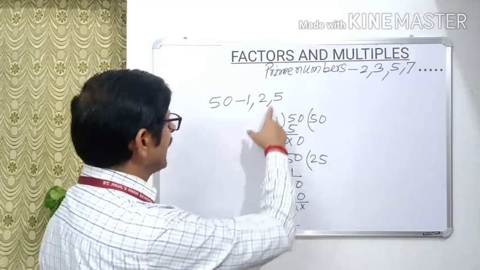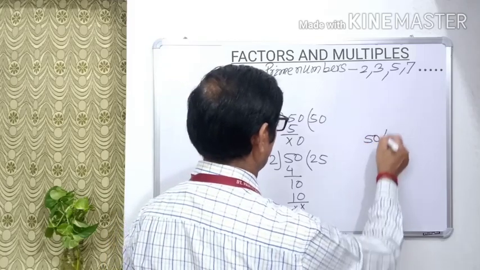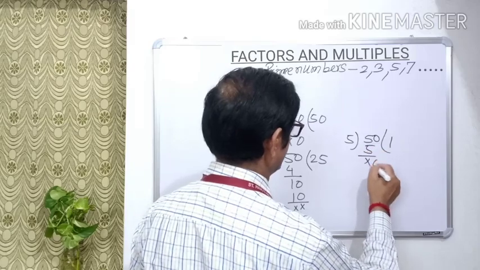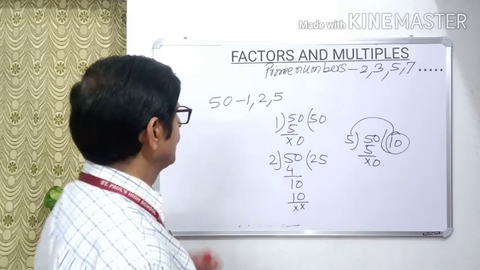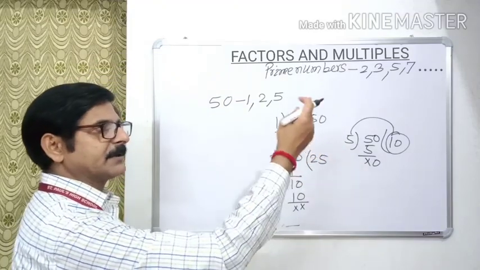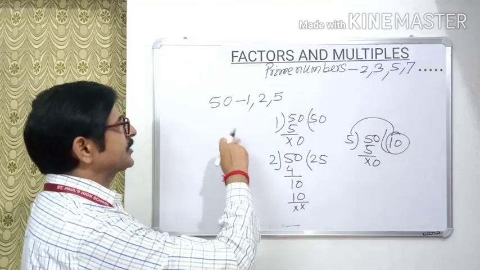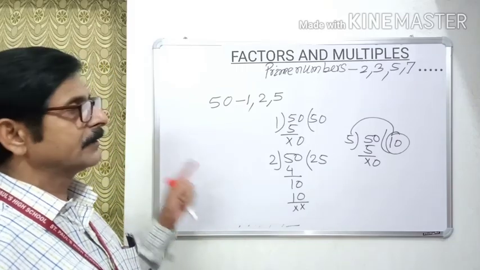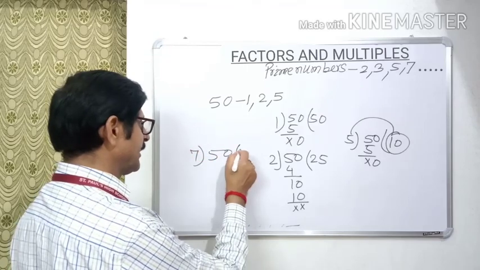So, if we divide it by 5, 5 10s are 50, even now the quotient is greater than the divisor. If we try to divide it by 6, 6 8s are 48, the quotient is greater than the divisor 6. 7 7s are 49, the quotient is equal to the divisor. 50 divided by 7, 7 7s are 49.